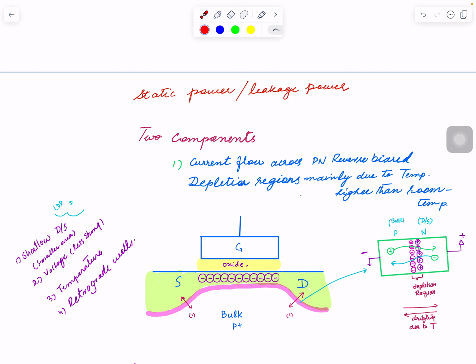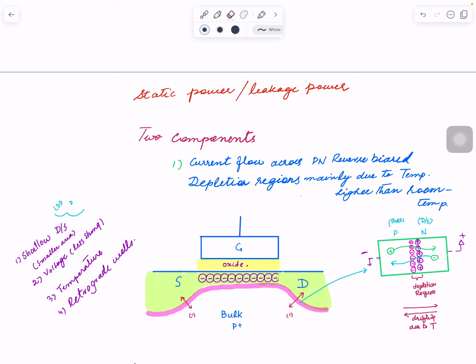So let's say this is the PN junction, and this is the P area, with a lot of holes. Holes are the majority carriers. This is the N area, where electrons are majority carriers. Let's assume this is not connected to any voltage.